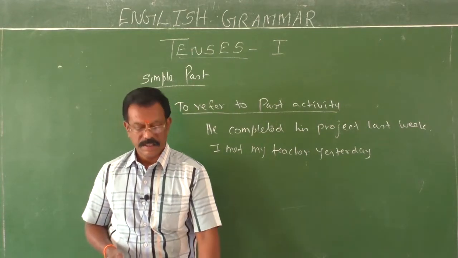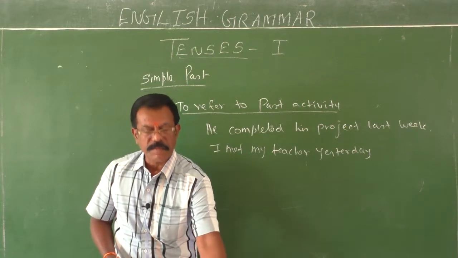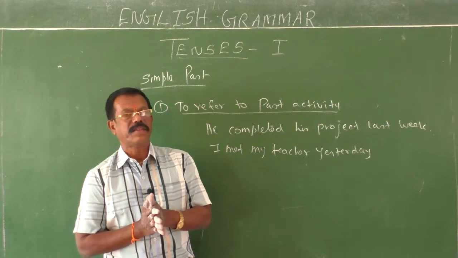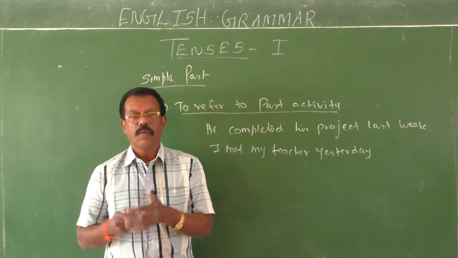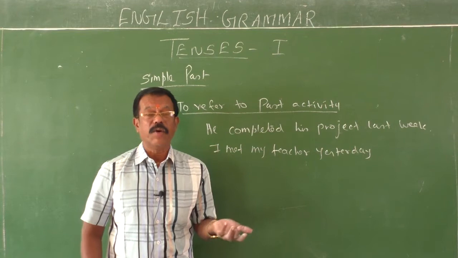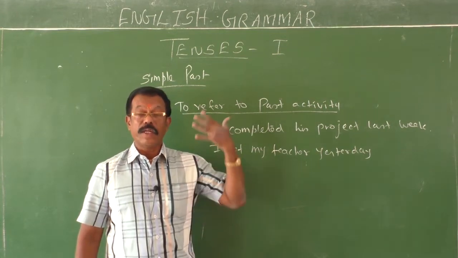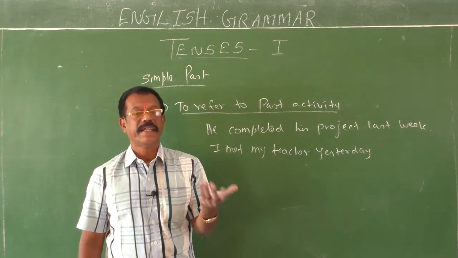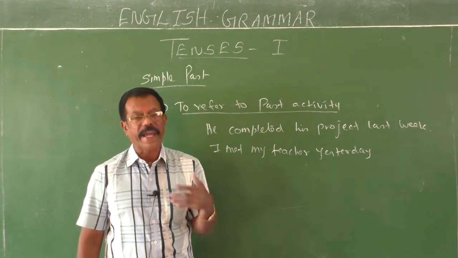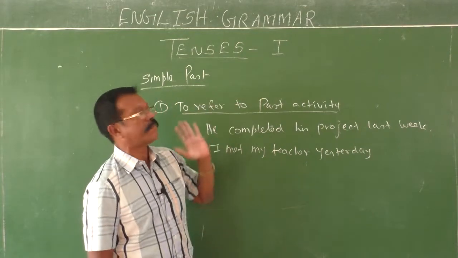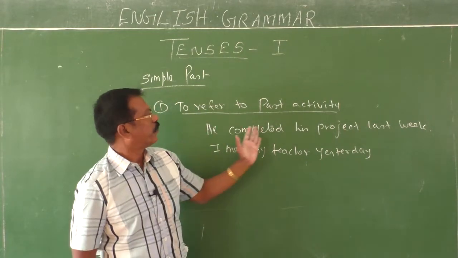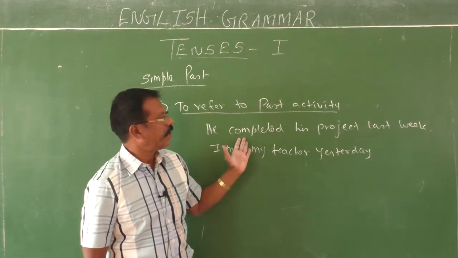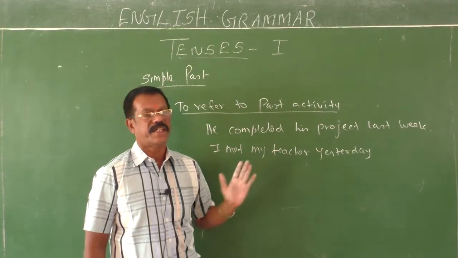Last month he went to Ooty. Long ago it happened. Once upon a time India was ruled by kings. In this way you can give more sentences to refer to the past time. So to refer to past activity we can use this past tense. He completed his project last week. I met my teacher yesterday.